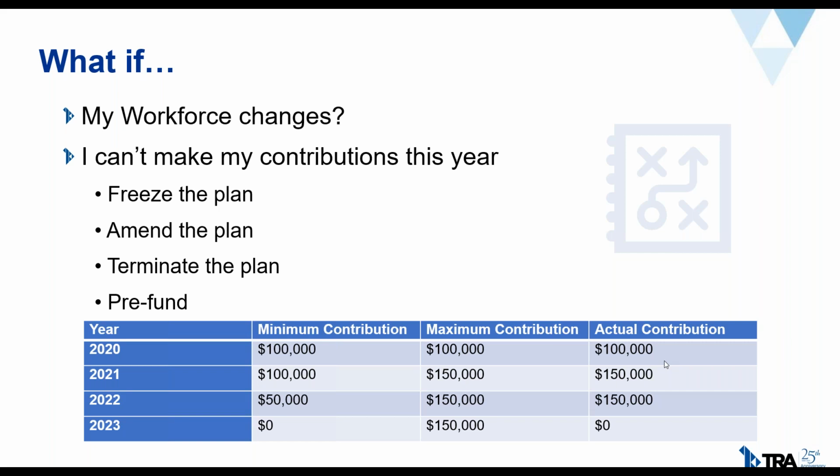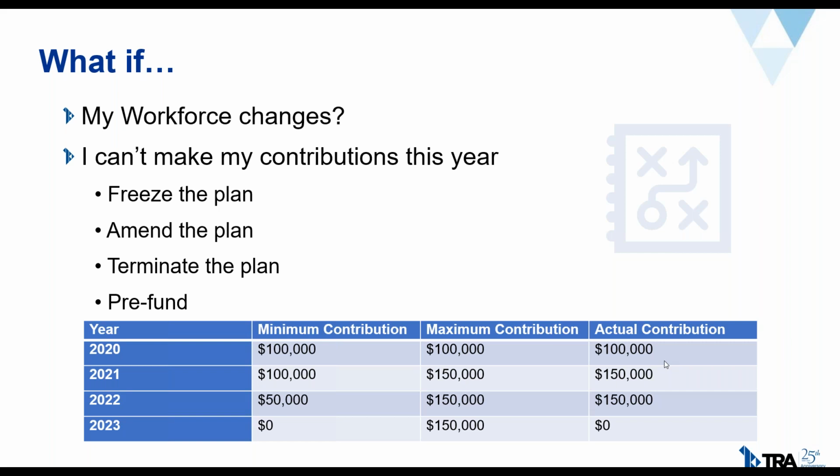By 2023, his minimum required contribution is zero. Fortunately, under John Markety's leadership and the rest of the actuarial team, there are many, many plans, cash balance and defined benefit, at TRA that don't have a minimum required contribution. And that's a wonderful place to be. So there is some flexibility here, and pre-funding is a great idea in case you do have a bad year in the future.